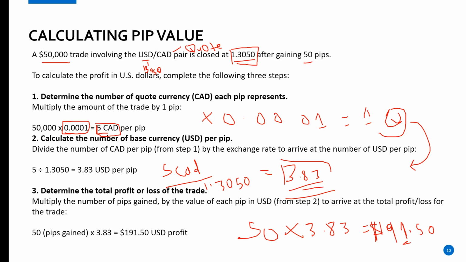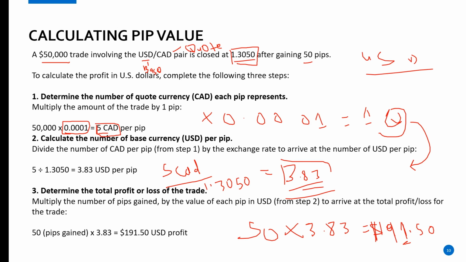Let's say my account is in USD, so I have to convert to USD to see how it will affect my ultimate P&L. I converted these 5 Canadian dollars per pip to USD, and it gave me 3.83. I was anticipating a gain of 50 pips from this trade, and that's how I got the 191.50 USD profit. So that's how you calculate pip value.